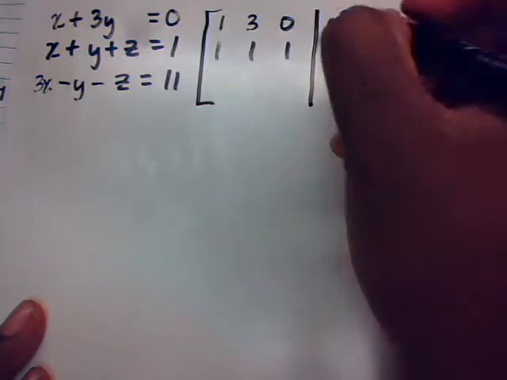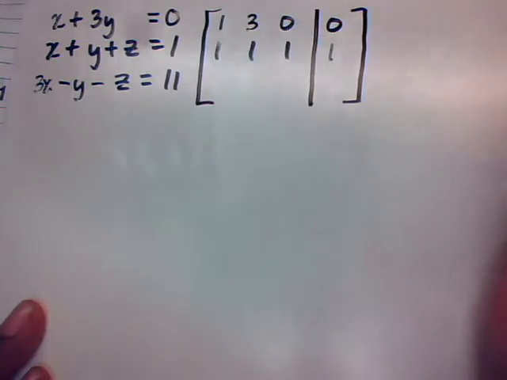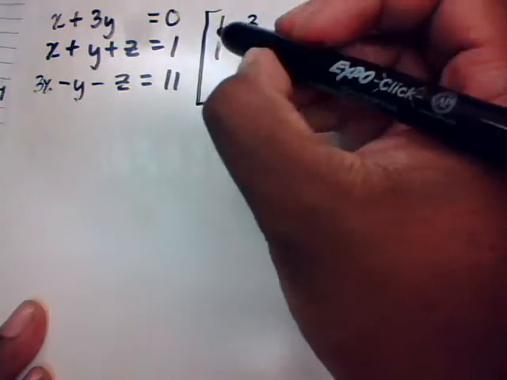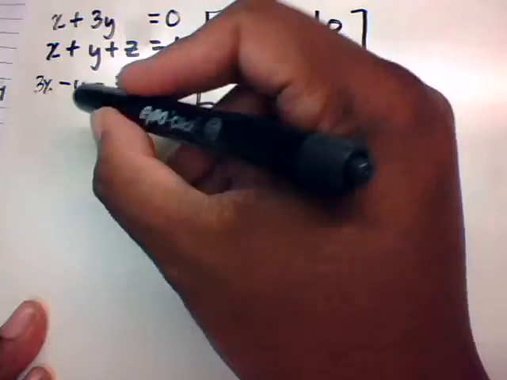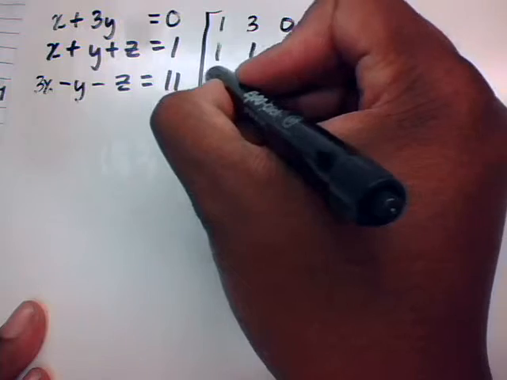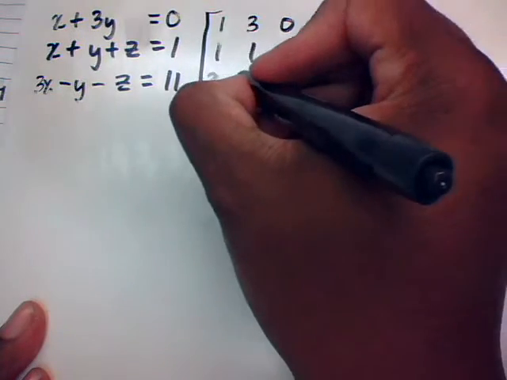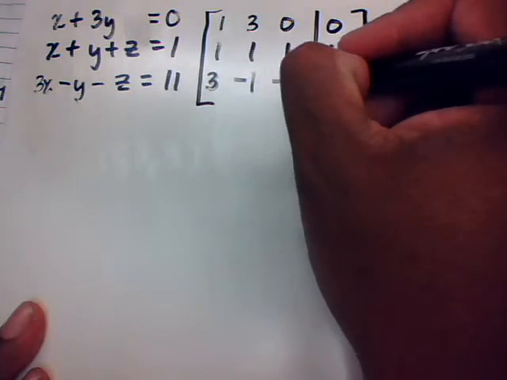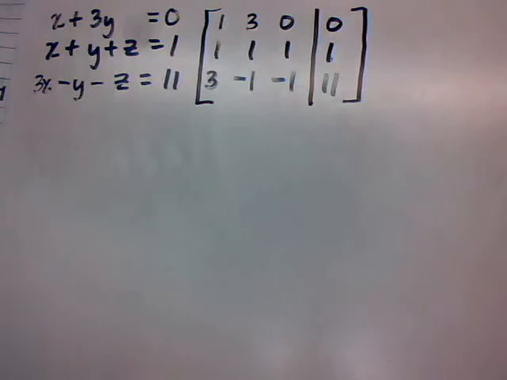So it'll be 1, 1, 1, and then the constant on the right side will be 1. Then for 3x minus y minus z is equal to 11, the coefficient of x is 3. The coefficient of y is negative 1. For z, its coefficient is negative 1, and the constant is 11. Okay. So that's how I convert that into an augmented matrix.